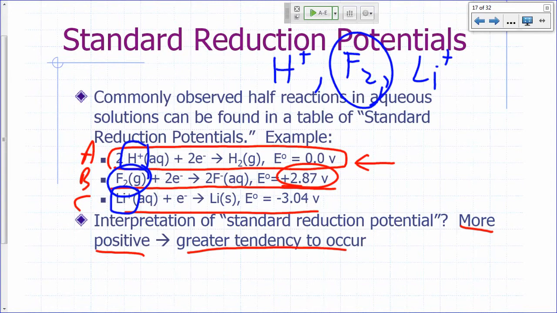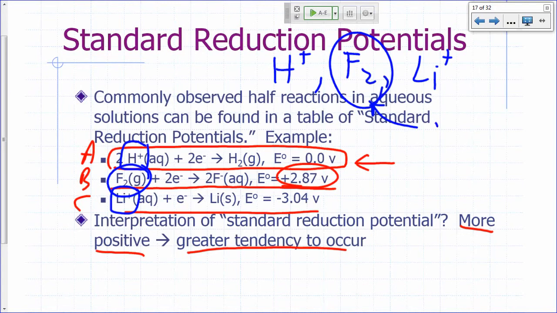Now, reduction is another terminology I forgot to mention last time: when something gets reduced, it causes something else to get oxidized, right? So if fluorine has a great tendency to be reduced, that means it has the greatest tendency to cause something else to get oxidized.